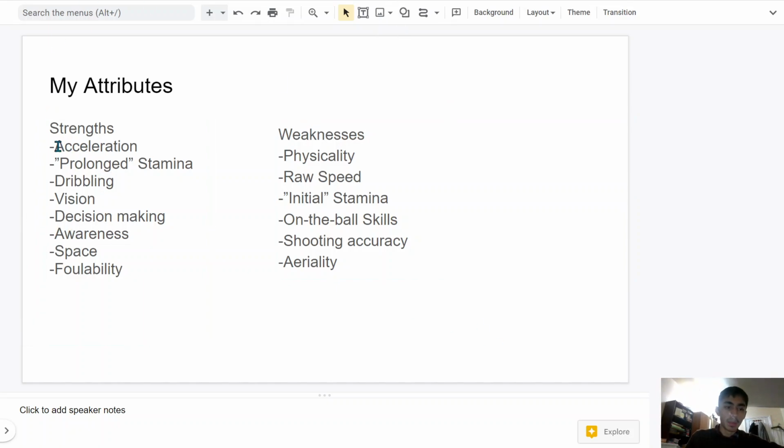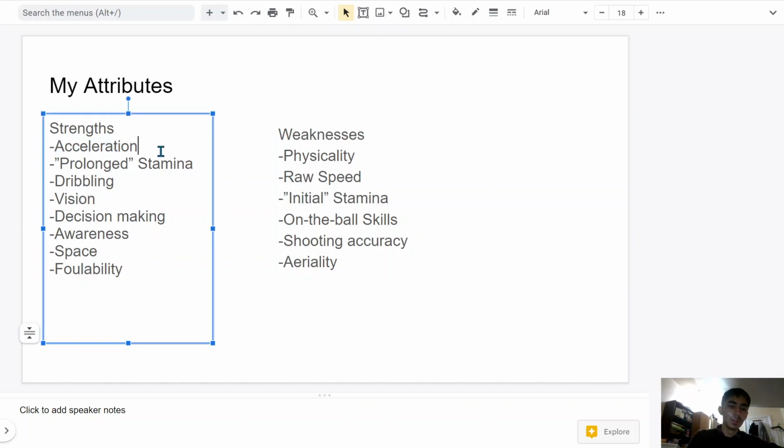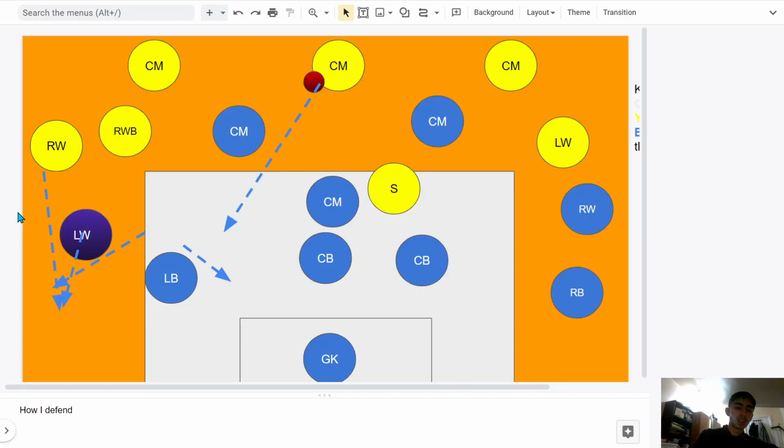Furthermore, well, acceleration has nothing to do with my role. Prolonged stamina, yes, that's very important. Remember when I said that I tend to attack and defend and help out in both? I even said earlier that I can definitely play as a left wing back, or sorry, I would play as a right wing back a bit better, but I can definitely play as a wing back, right?